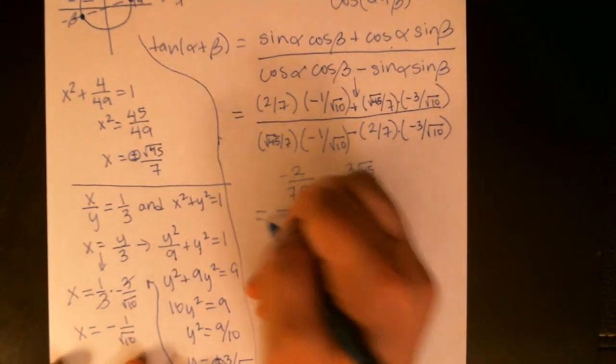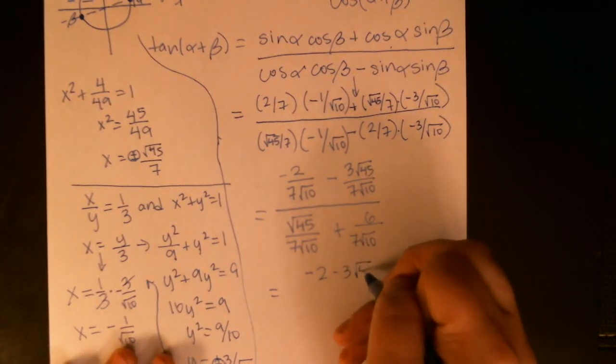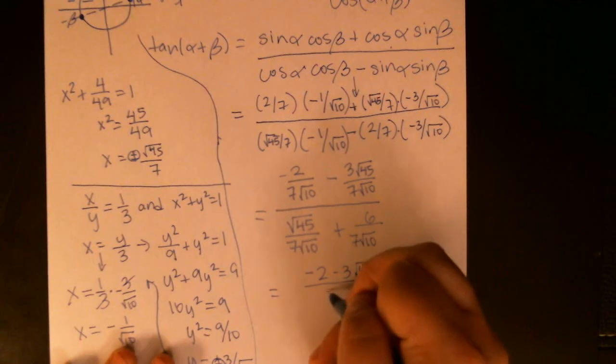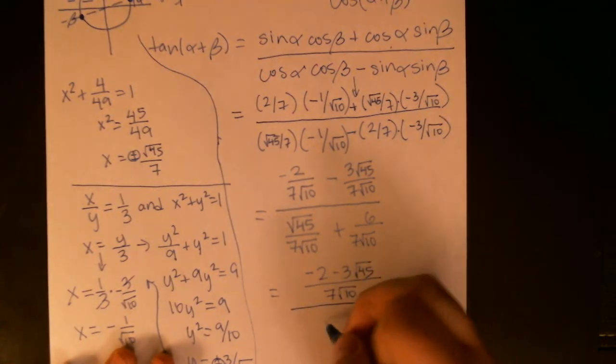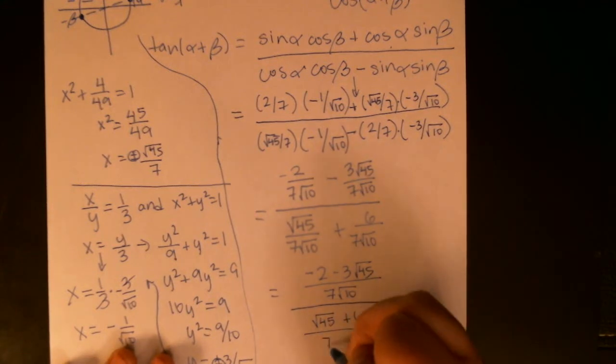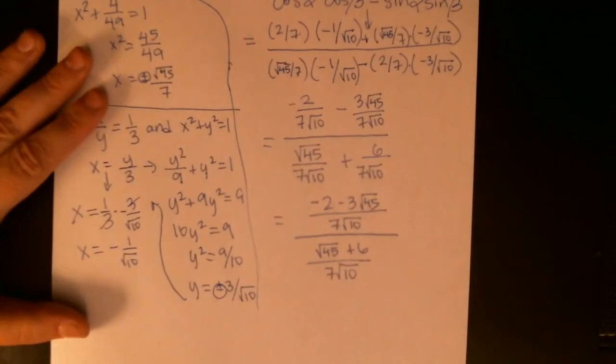And then I'm going to rewrite this as a single big fraction on the top and a single big fraction on the bottom. So root 45 plus 6 over 7 root 10. Okay, and then almost there.